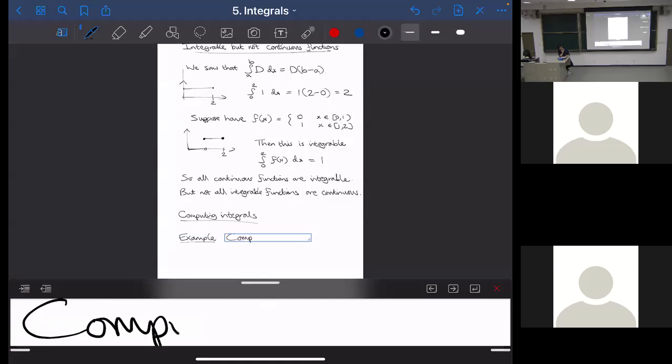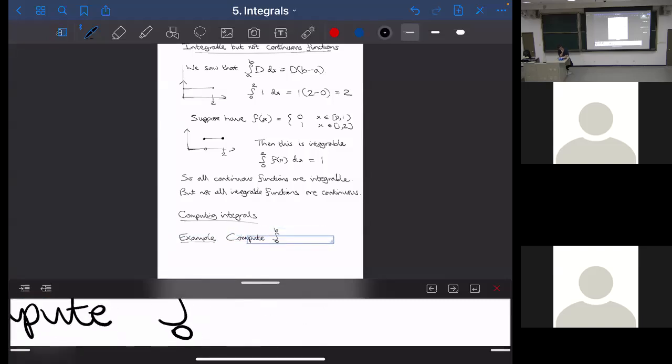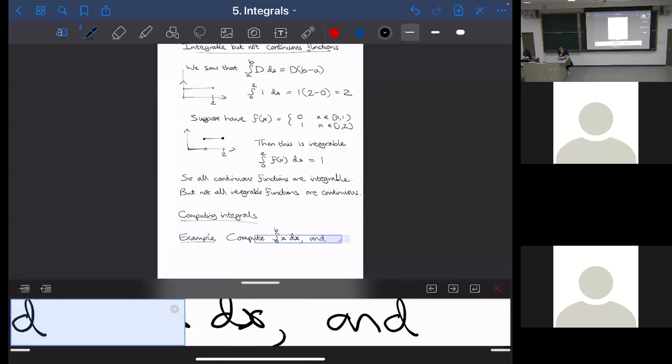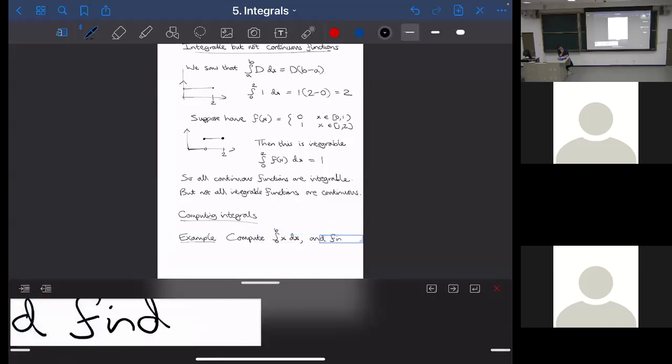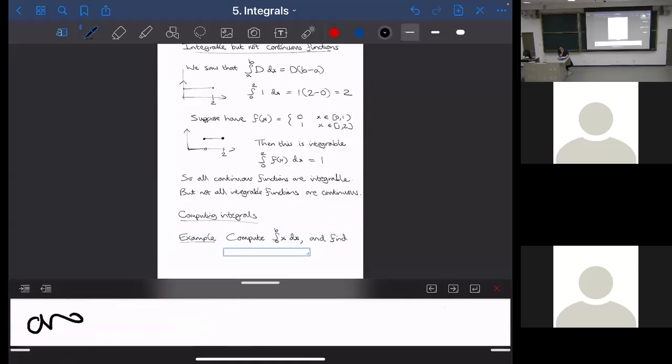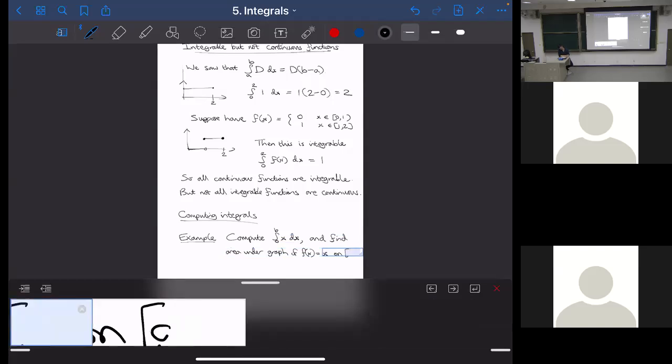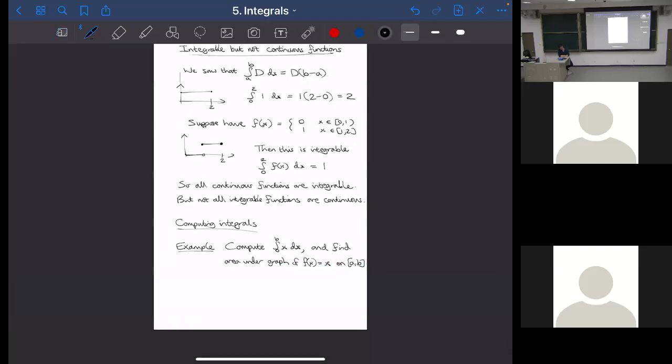Compute the integral from 0 to b of x and find the area under the graph of the function x on the interval [0, b].